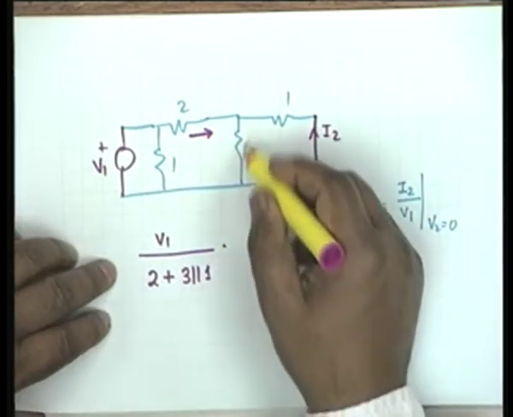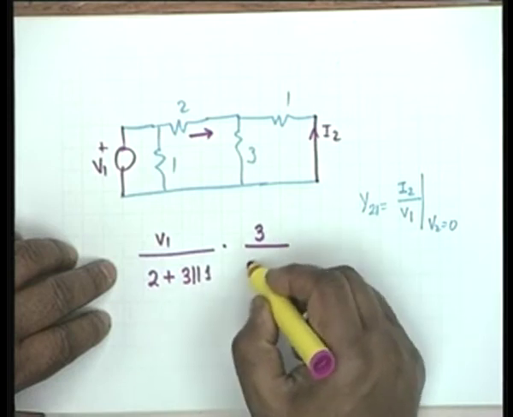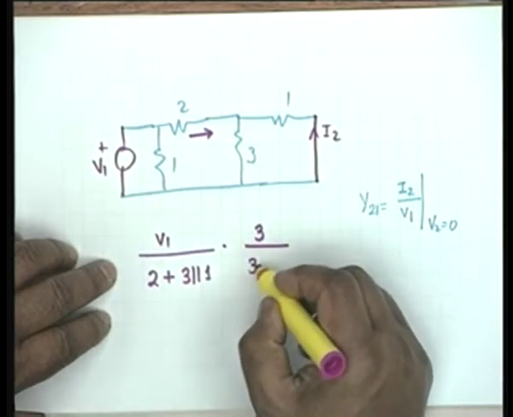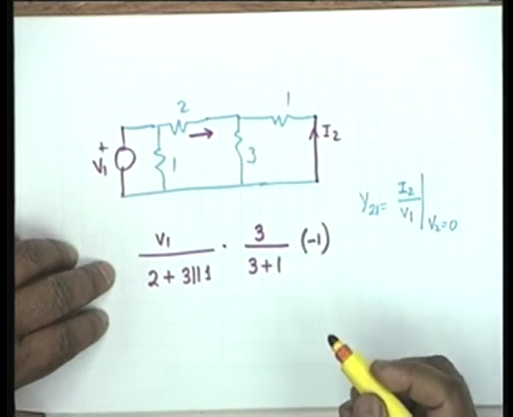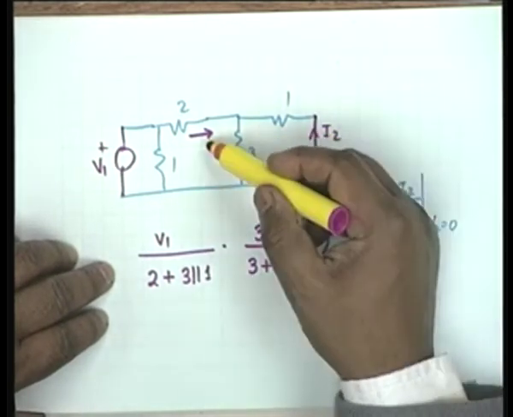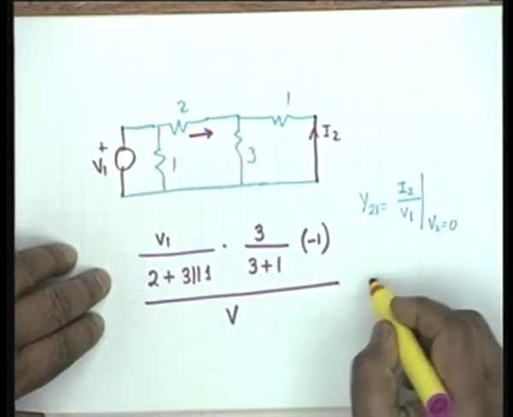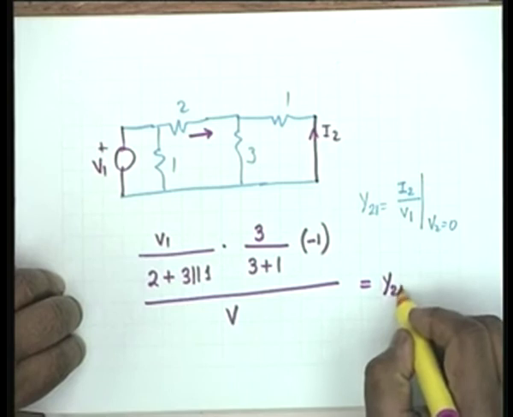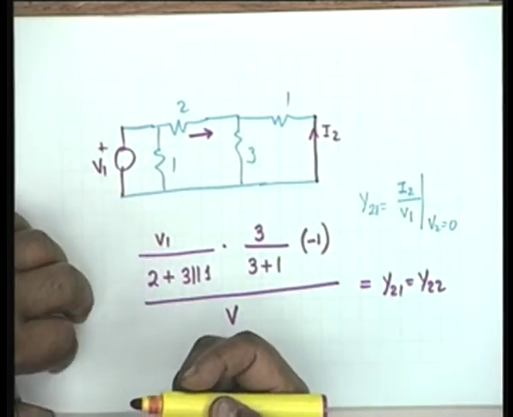And this current after going here divides into 2 parts: 3 by 3 plus 1, but you have to multiply by a minus sign because I2 does not agree with the sign of this, and this divided by V1. Now you calculate. This will be Y21 equal to Y22. The numerical calculation you can perform.